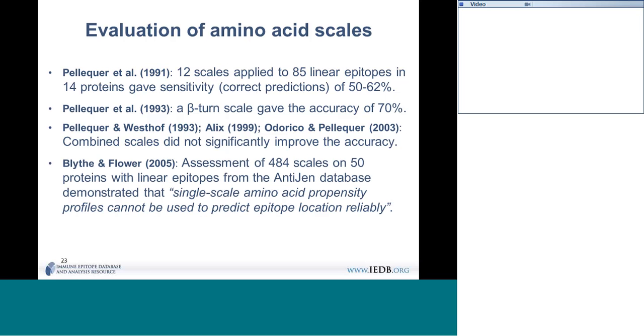So then we did an evaluation of different methods, the same methods which I just showed you, which are available on our website. And again, on the data which we had at this time in IEDB, we showed that no method gave an AUC value above 0.75. So they all performed not very well.